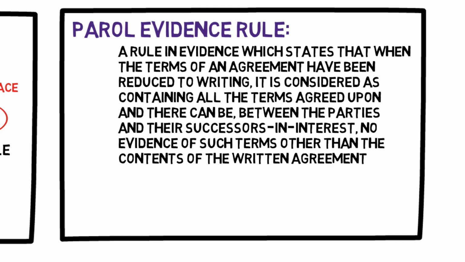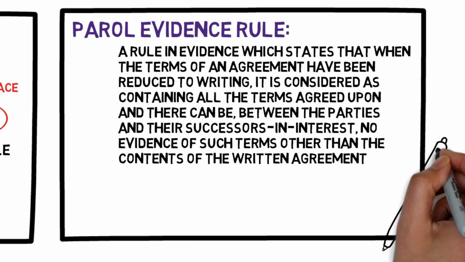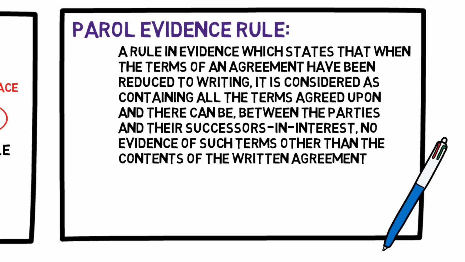The parole evidence rule is stated in the negative. That is, when the agreement of parties was reduced in writing, there is no other evidence to prove the contents or the agreement of the parties other than the written agreement itself.